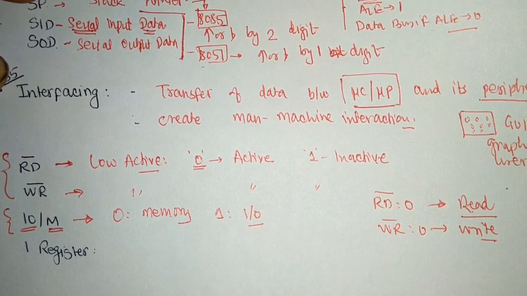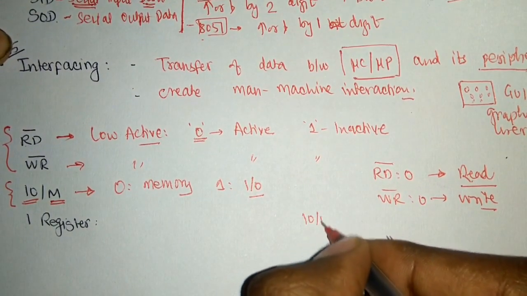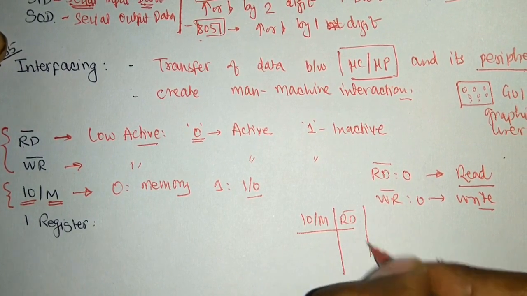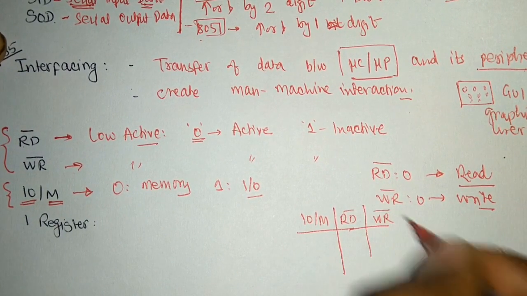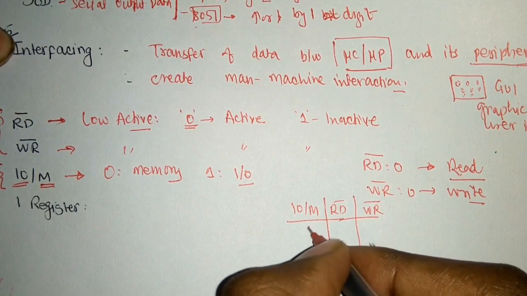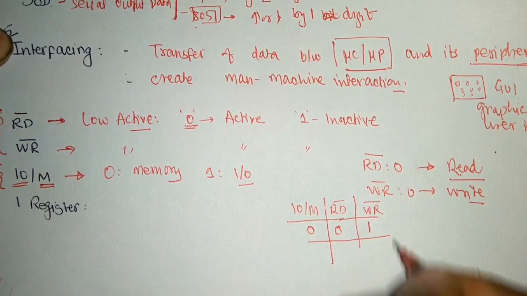So if there is a truth table which has IOM and also our read and our WR, these are the three things mentioned in a truth table, and it says, let's say, 0, 0 and 1. Now what should be happening here? What is the meaning of this?